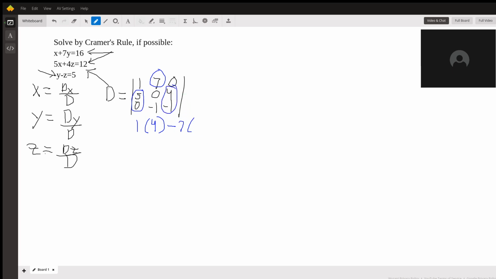Pretend that the 5, 0, and 4, negative 1 were right by each other. So it'd be 5 times negative 1, so negative 5. 0 times anything is 0, so I'm just going to leave it as negative 5.